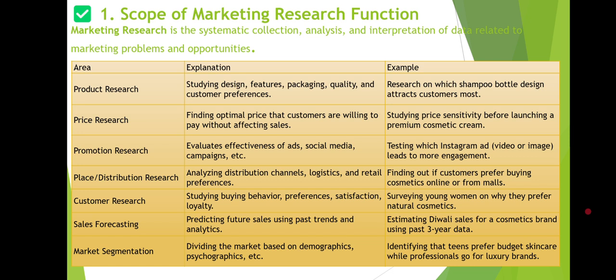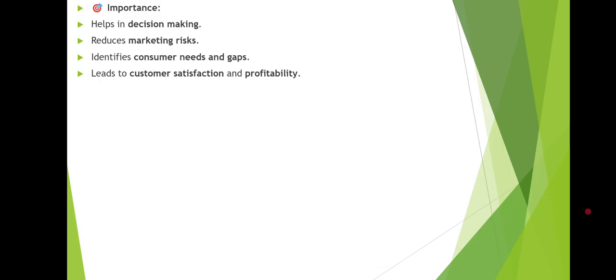For example, estimating Diwali sales for a cosmetic brand using the past 3 years of data. Other area we have market segmentation. We can also do research in this area, where we divide the market based on demographics, psychographics, etc. For example, identifying that teens prefer budget skincare while professionals go for luxury brands.